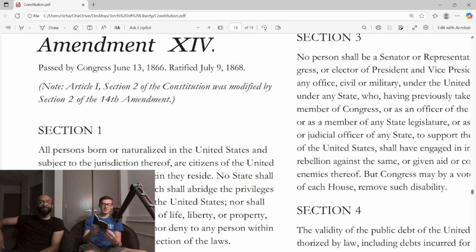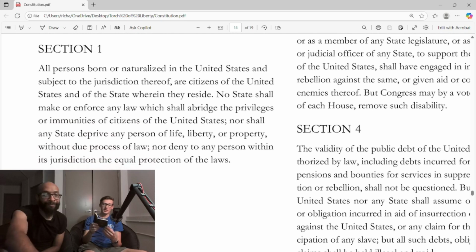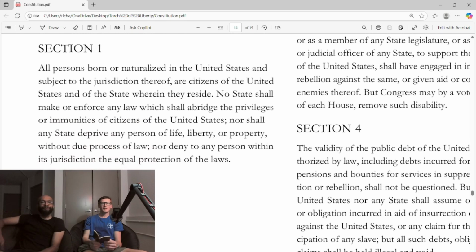So we go December 6, 1865, and they reassembled to make this amendment July 9th, 1868. All persons born or naturalized in the United States and subject to the jurisdiction thereof are citizens of the United States and of the state wherein they reside, period.